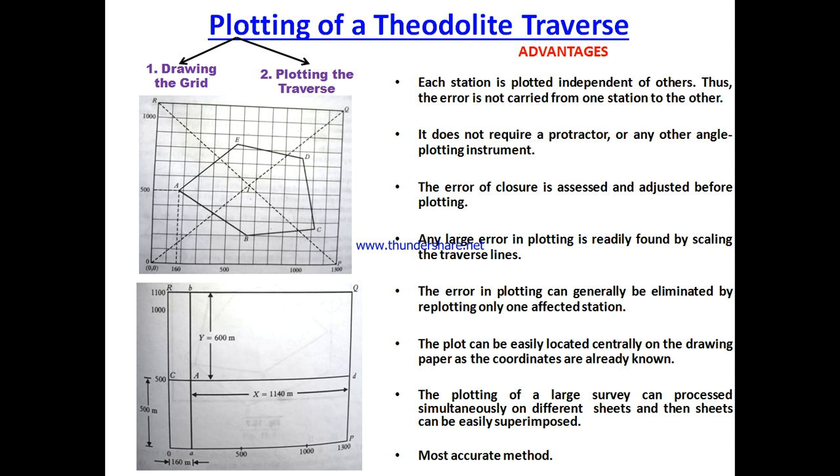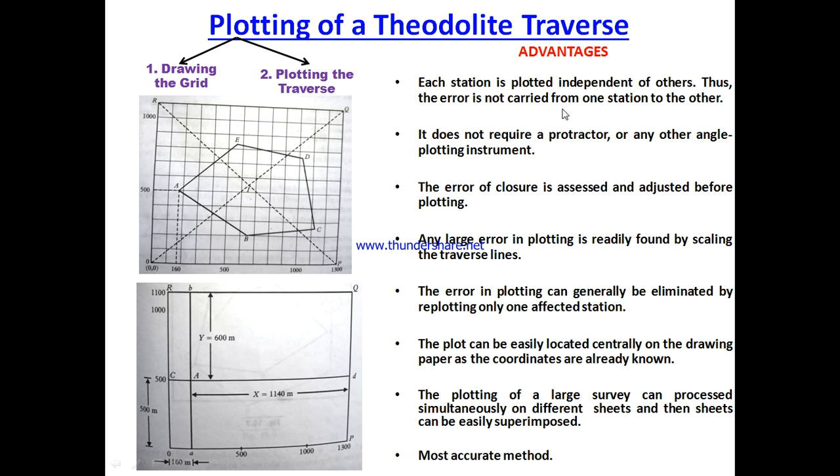The advantage of this method is that each station is plotted independently, unlike the other method, where the latitude and departure values of the previous station are connected and distributed, so it is more liable to have errors.